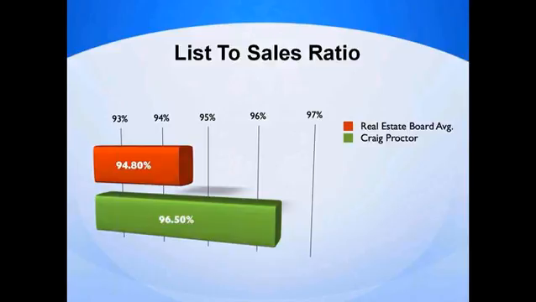Look at the difference between the 96.5 and the 94.8. It looks like it's double, right? Well, there's no reason that the green bar graph should be twice as long as the red because we're talking a couple percent. But that's why I like to use visuals because you can really kind of exaggerate your superiority.